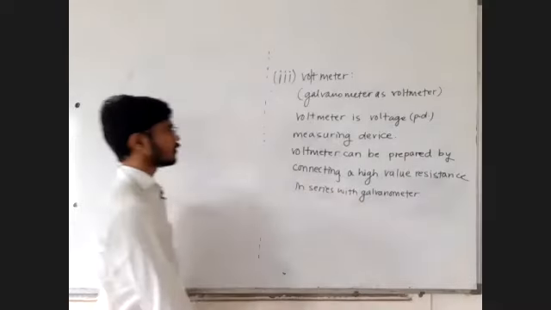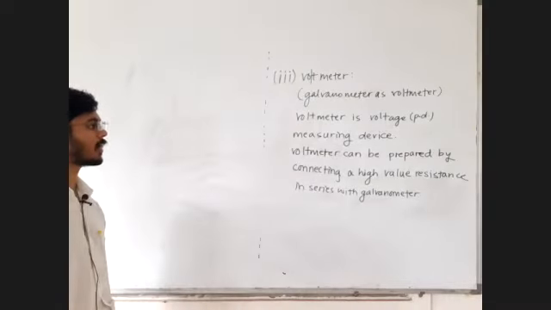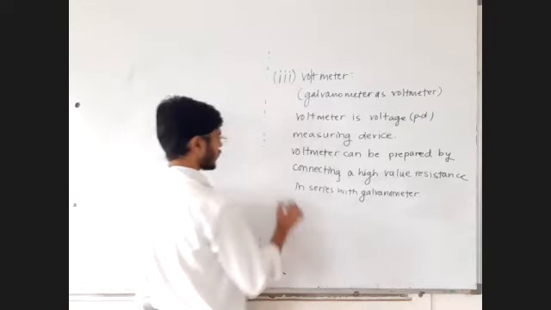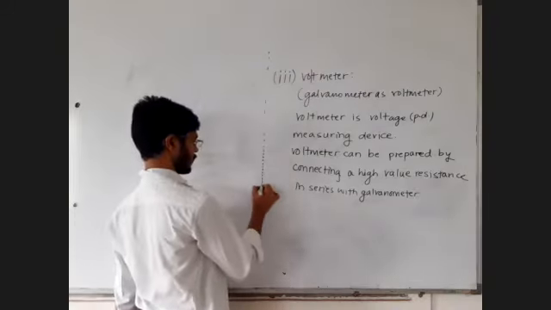You can prepare the voltmeter by connecting high value resistance in series with galvanometer. Why that value should be high, we will understand.